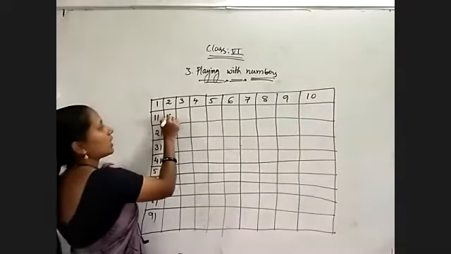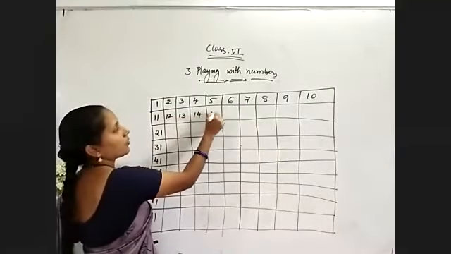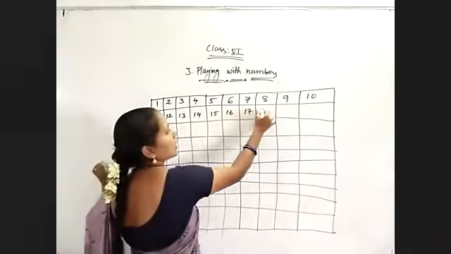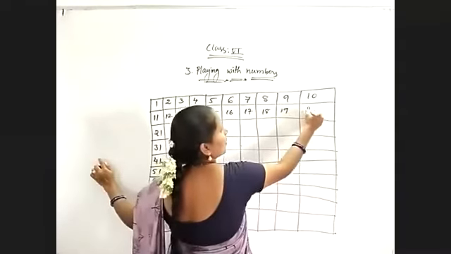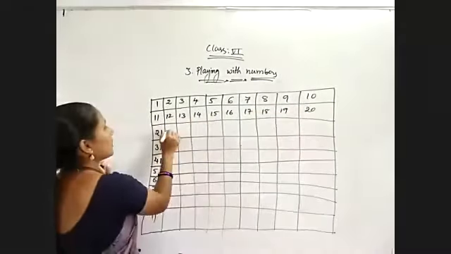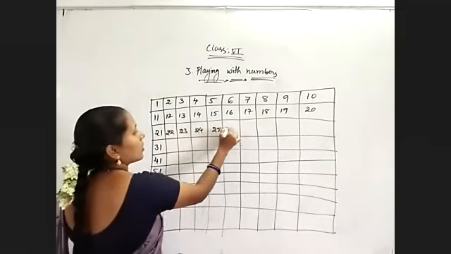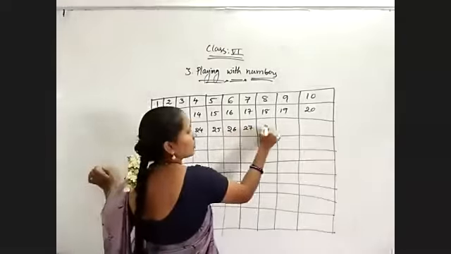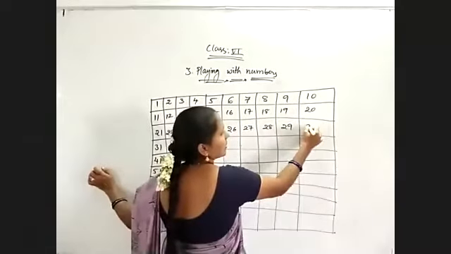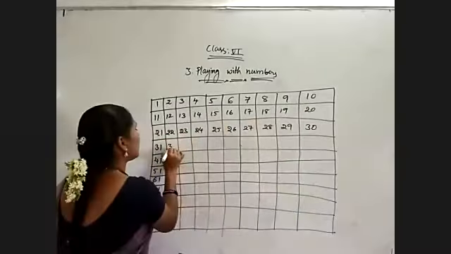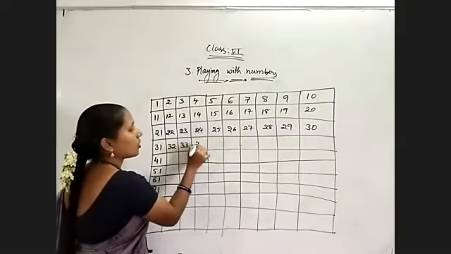So 12, 13, 14, 15, 16, 17, 18, 19, 20, 21, 22, 23, 24, 25, 26, 27. So total 100 numbers we will write up. After that we will see how we need to find out the prime numbers.